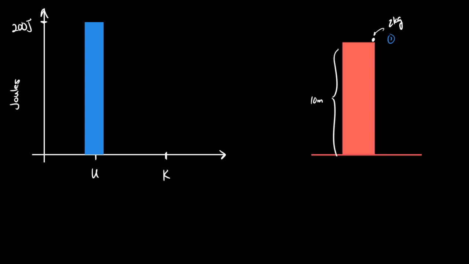So I drop the rock, and the rock falls, say, halfway down the tower. So this is state 2. It's moving now, right? It has a velocity that's this way. How much potential energy would it have right now?